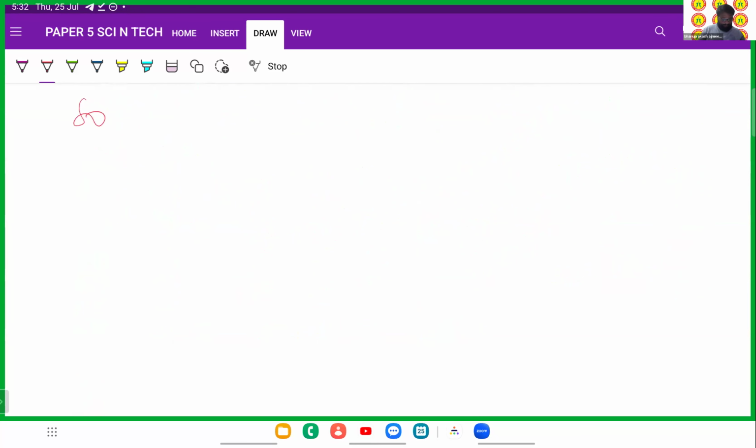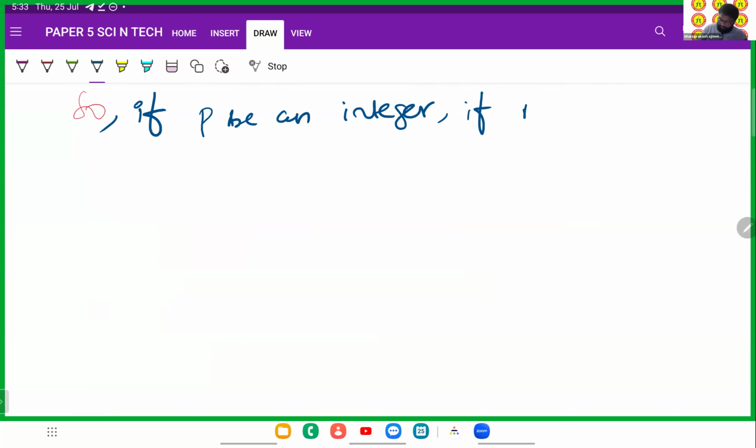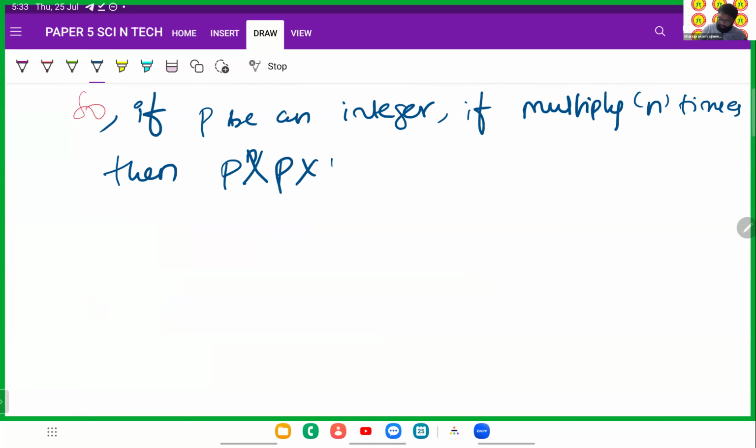So to see here, if p is an integer and it is multiplied n times, then p is multiplying n times here.